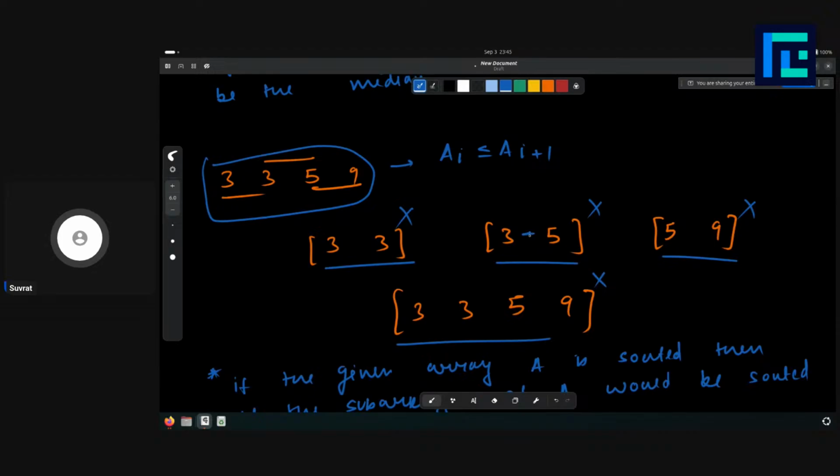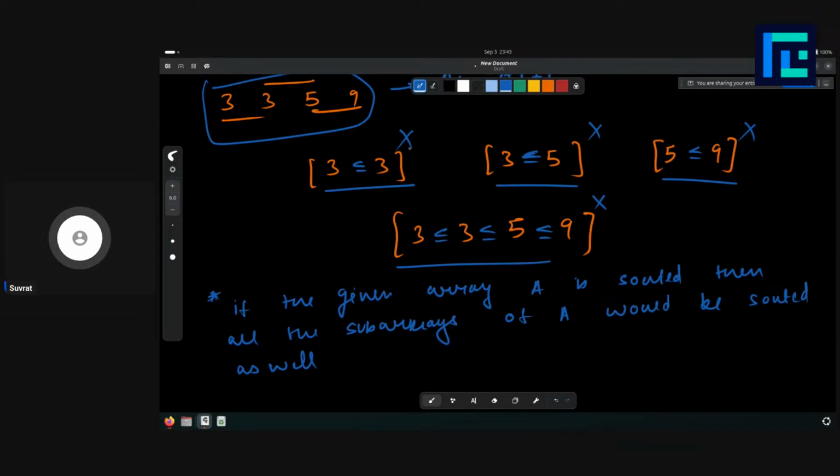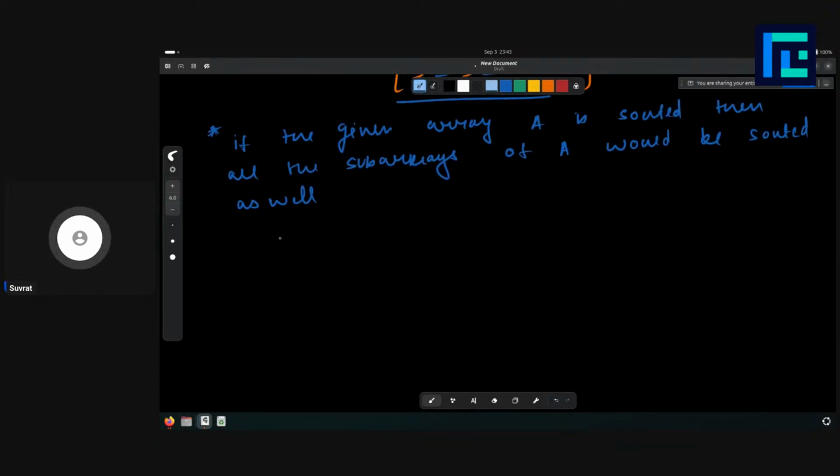So in all the subarrays this property would be followed, and in a sorted array the median will always be the Bm element. So there would be no answer for a sorted array. From this we can say that for a sorted array the answer is -1.